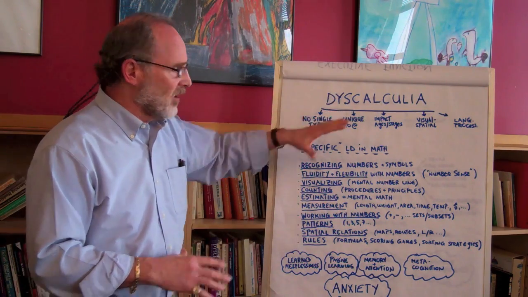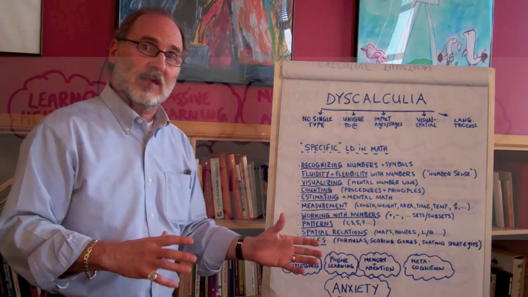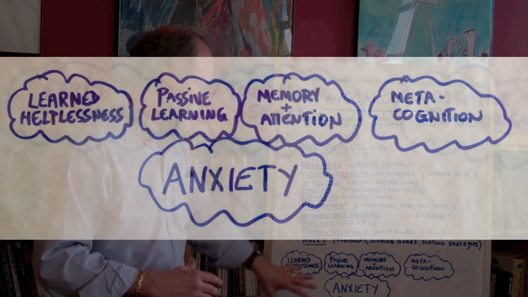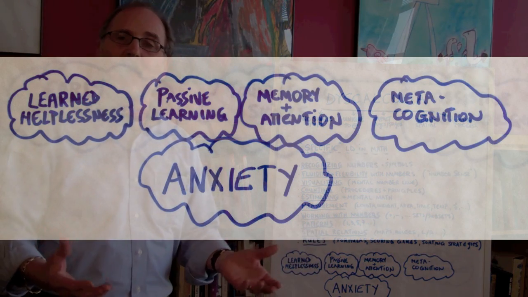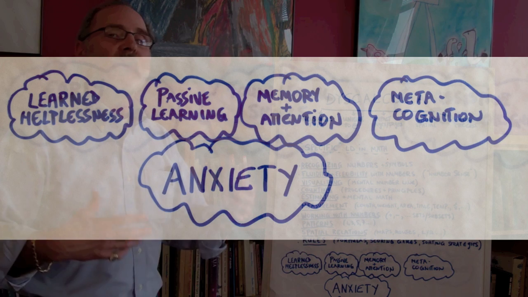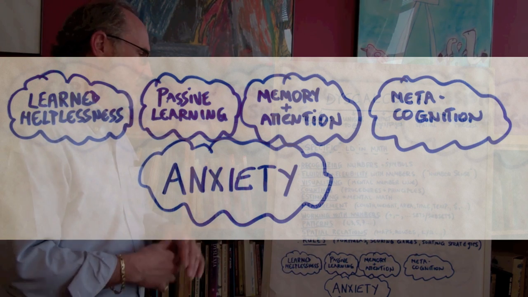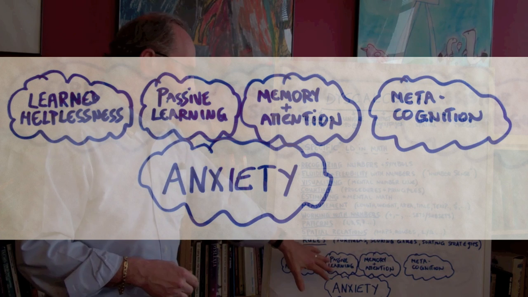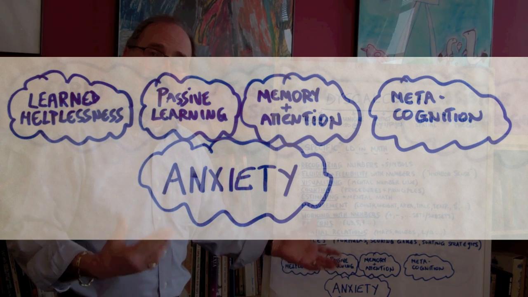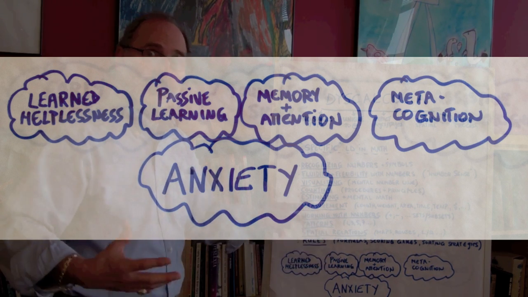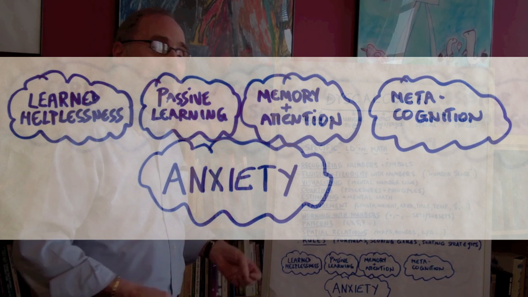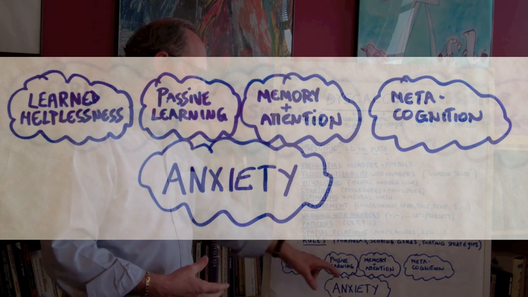One of the other dynamics when we talk about LD in math is that there is a general sense of learned helplessness in many students. They just don't know what to do, and they wait for someone to help them get out from under the problems that they're experiencing. They often look in the classroom like passive learners. They wait for someone to rescue them, and they don't quite know how to problem solve by themselves.